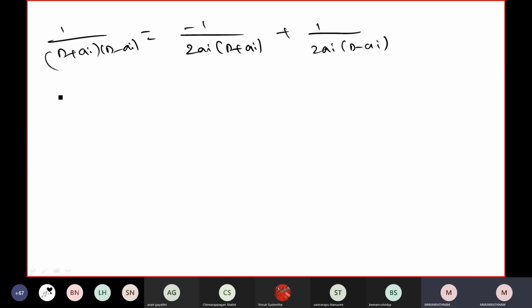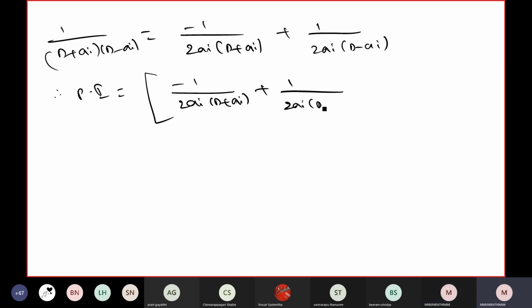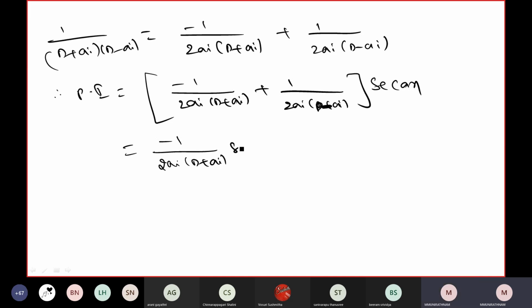Therefore PI is minus 1 by 2ai times 1 by (D plus ai) secant ax plus 1 by 2ai times 1 by (D minus ai) secant ax. This I will take as PI1, this I will take as PI2.